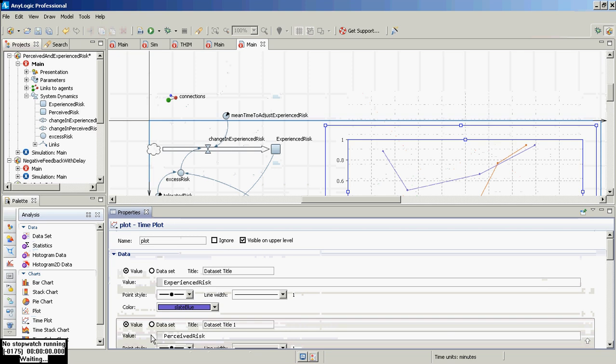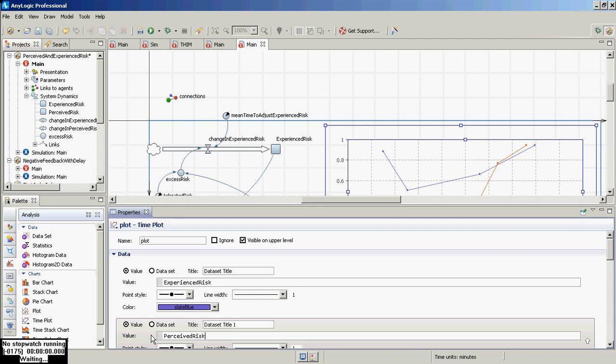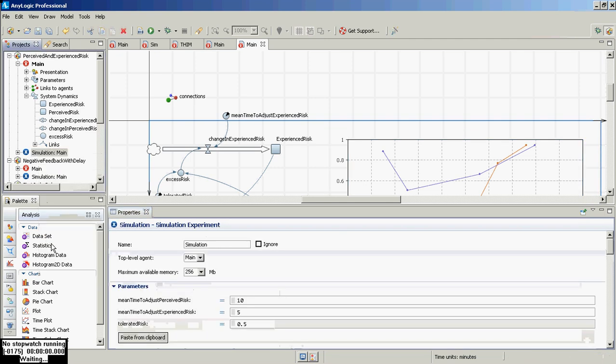Mean time to adjust experience risk. Oh wow, that's really interesting. Misplaced constants. Okay. If I were you, I would delete. Okay, here it is. Experience risk. I have target one. Yeah, you may have target. Maybe, yeah. Okay, so folks, what do we see as a result?